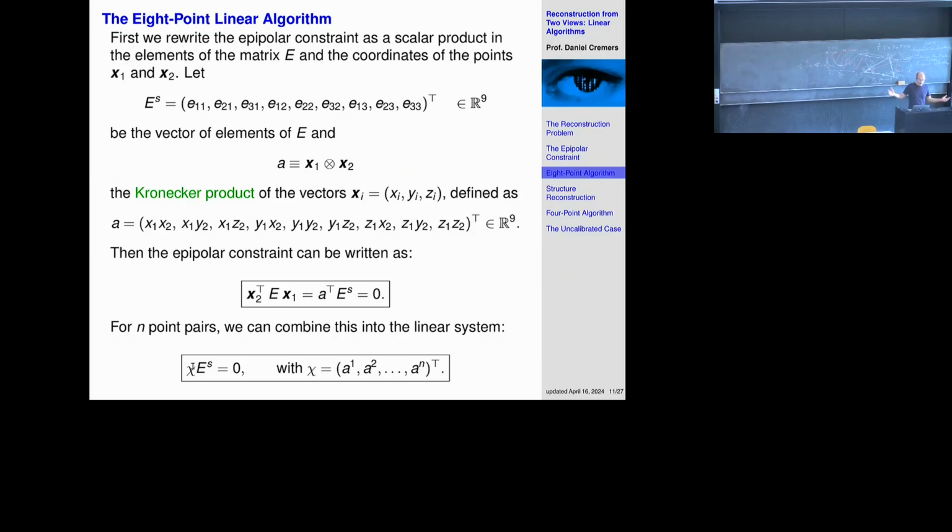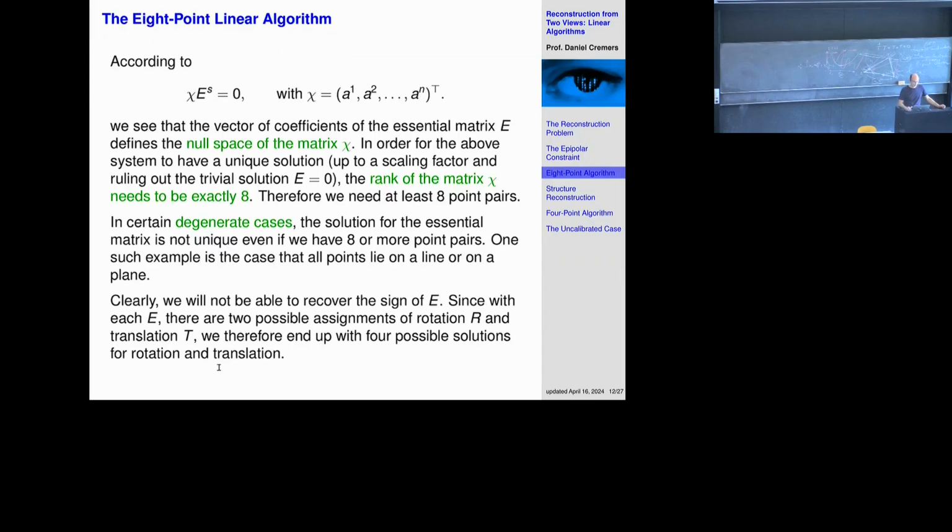And so all we need to do now is compute the null space of this matrix chi, and that gives us our essential matrix E in the stacked vector form, and then we can unstack it again to get E. All right. And that is essentially the idea of the 8-point algorithm that we have here.